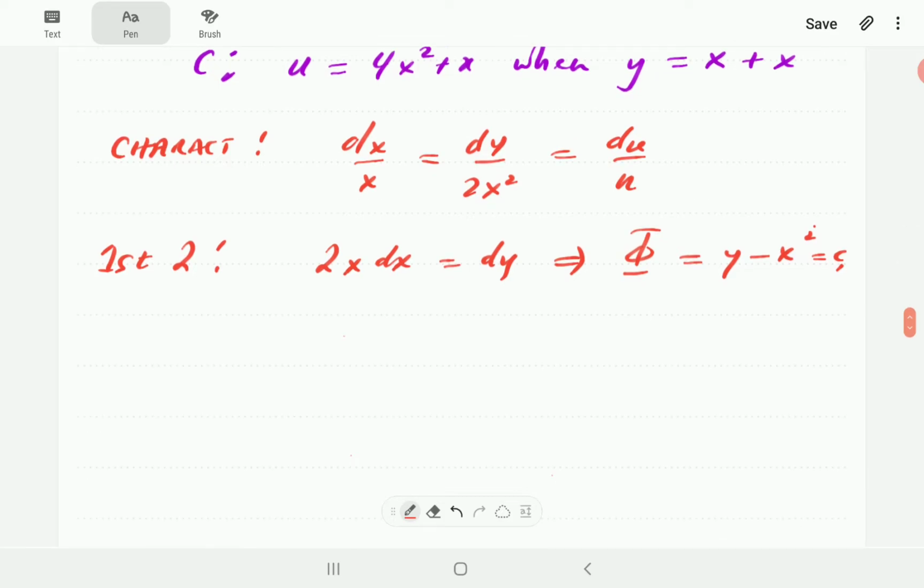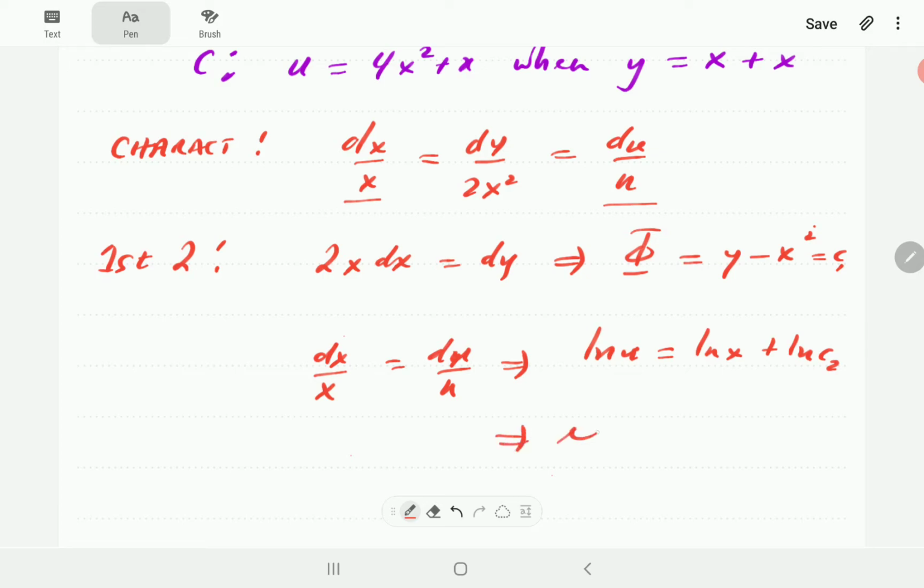And then taking the first and the last terms, for that one we're going to have dx over x is du over u. This one is telling us that ln u is equal to ln x plus ln c2.